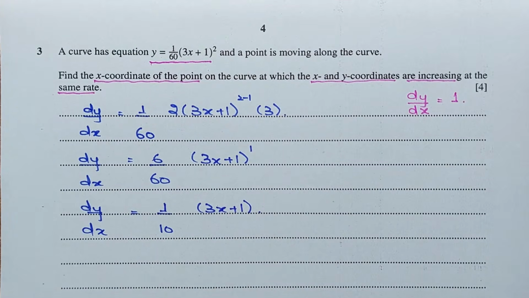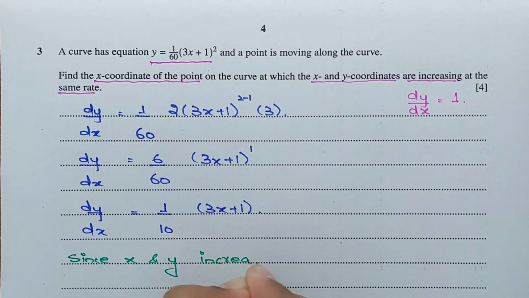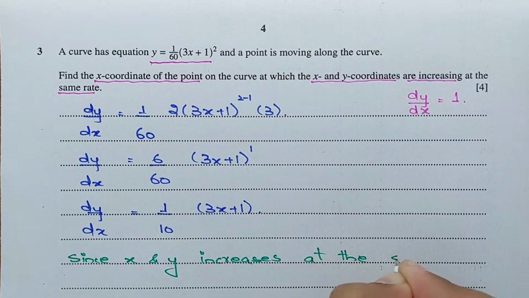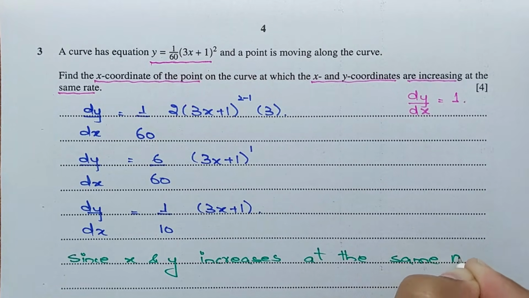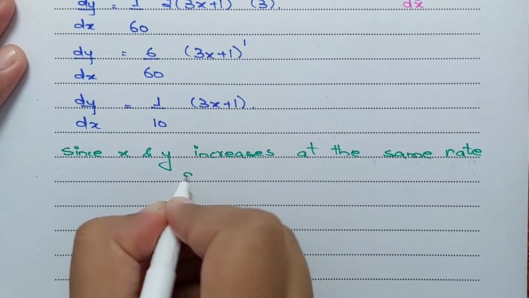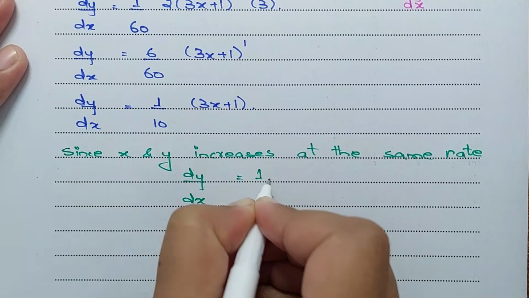Now, since x and y increase at the same rate, dy over dx equals 1.